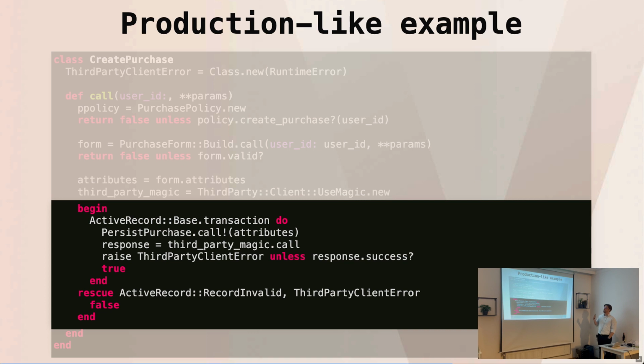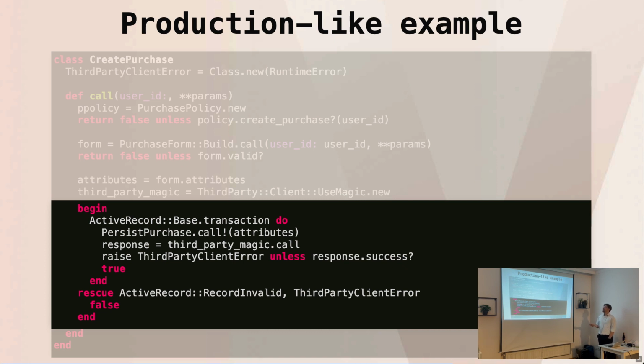Let's look at the transaction, what's going on inside, because we will work mostly with this part afterwards. So we have some persist purchase service, and I did this on purpose. In general, this is the service which just creates an instance of our model and saves it.